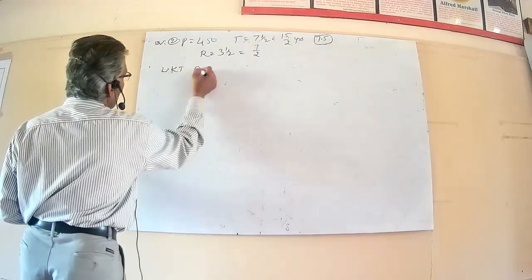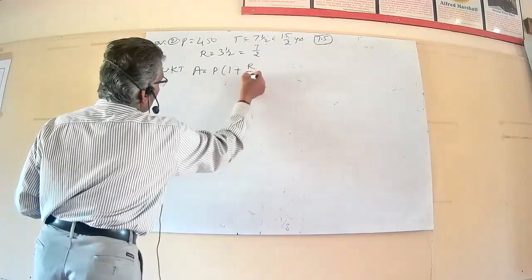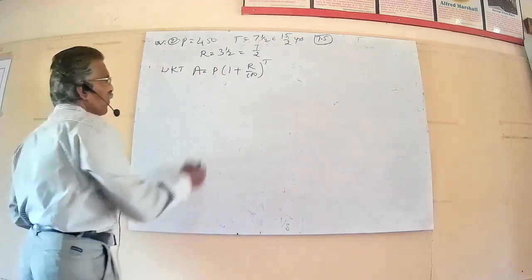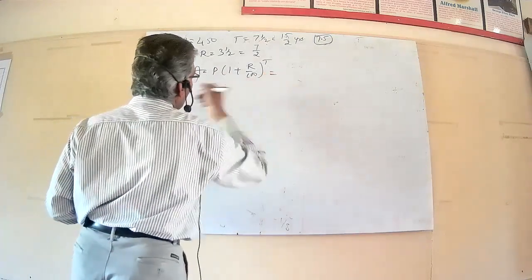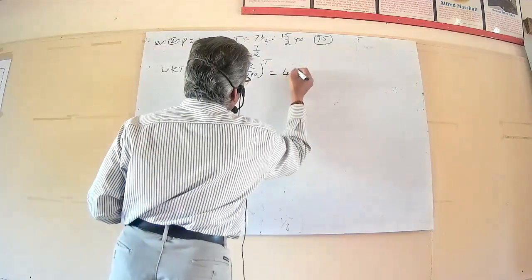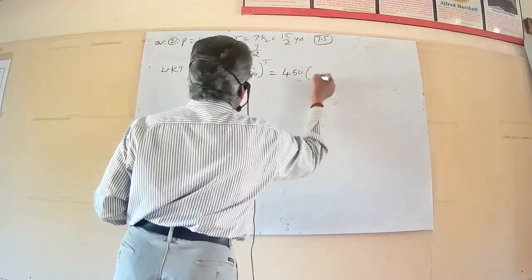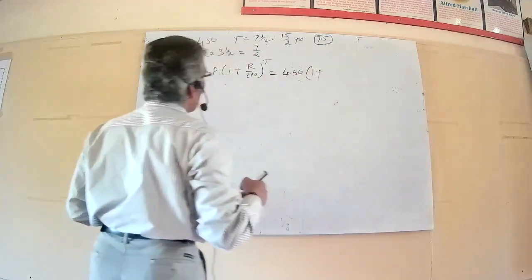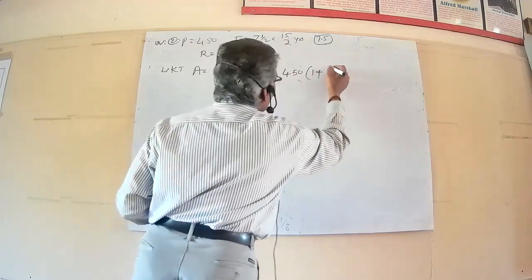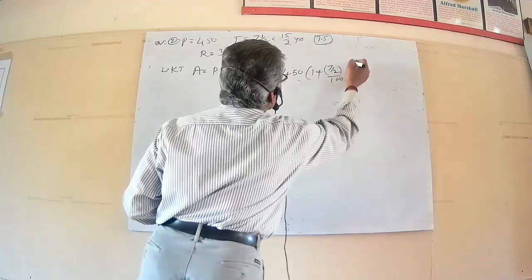A equal to P into 1 plus R upon 100 raised to N or T. So this equal to P into, what is P here? 450 into 1 plus R. R is 7/2. 7/2 divided by 100 raised to 15/2.